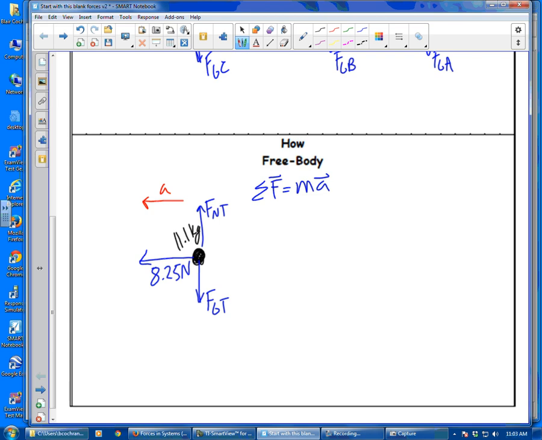If I call to the left positive, is that okay with everyone? Because everything points that way, so all of my forces that I have to enter are 8.25. That equals my inertia, which is 11.1 kilograms, times my acceleration, which I don't know. Oh, so I could do a little math.